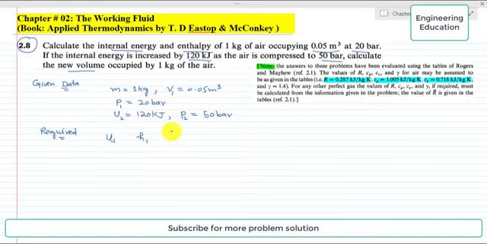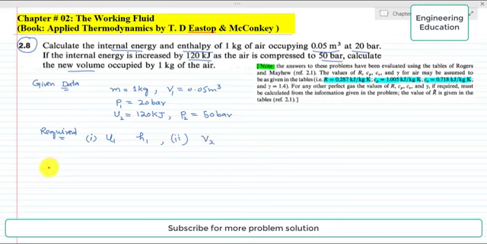Also, the enthalpy which we are finding will be the specific enthalpy for state 1. And for state 2, second, we have to find the new volume occupied by 1 kg of air, that is V2.